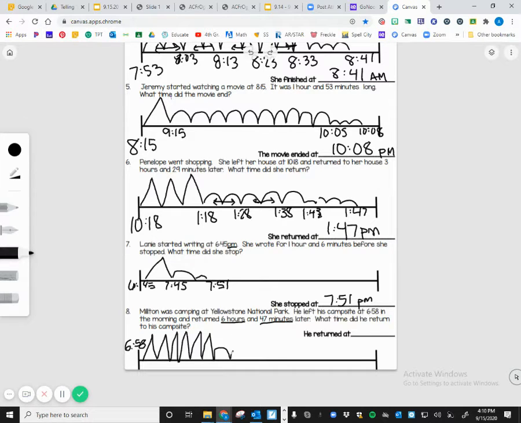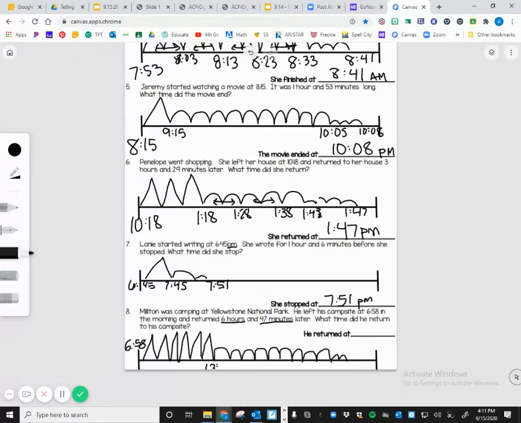Let's go 1, 5, 10, 15, 20, 25, 30, 35, 40, 45, 46, 47. Little rocks at the end. So the end of my hours would be 6, this would be 7, 8, 9, 10, 11, and we're to noon, because 6 plus 6 is 12.